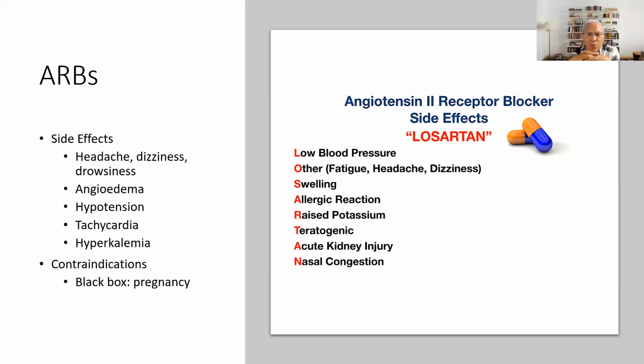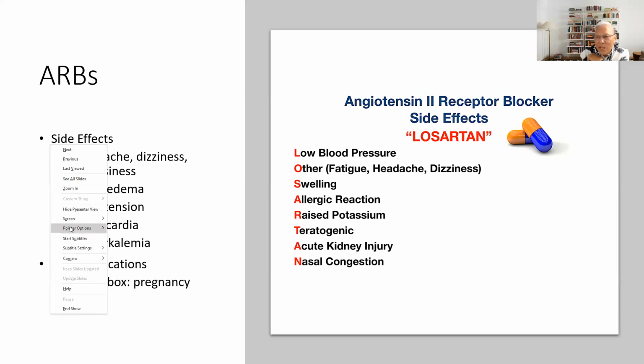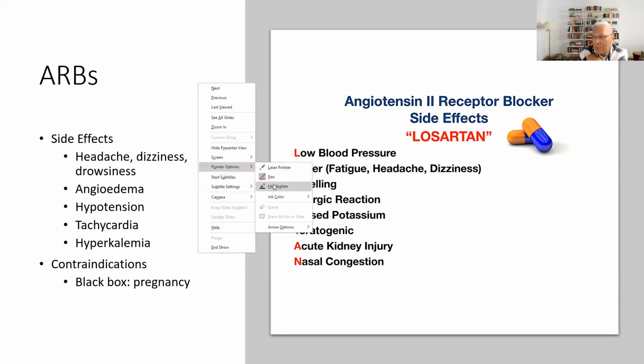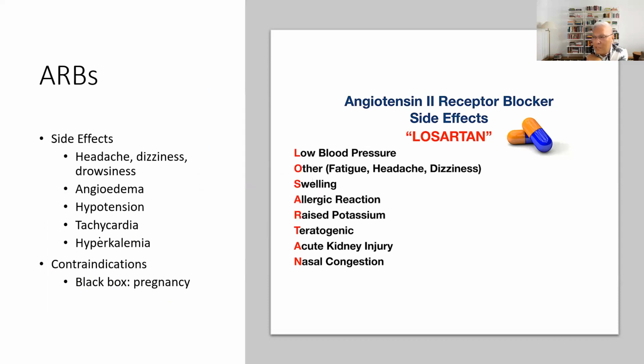And the other thing that needs to be remembered is that because ARB interrupts with aldosterone, you're going to have hyperkalemia. So remember, hyperkalemia is a very common side effect of the drug. And again, it's contraindicated in patients who are pregnant.